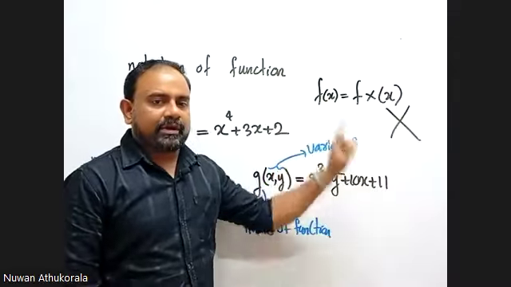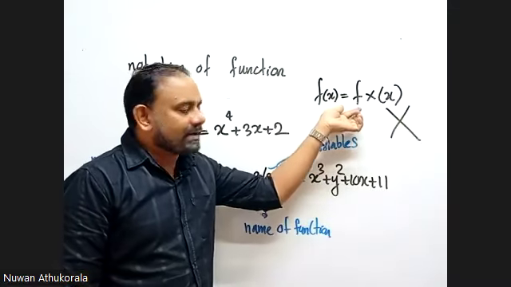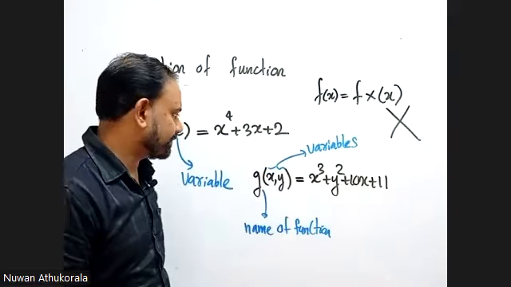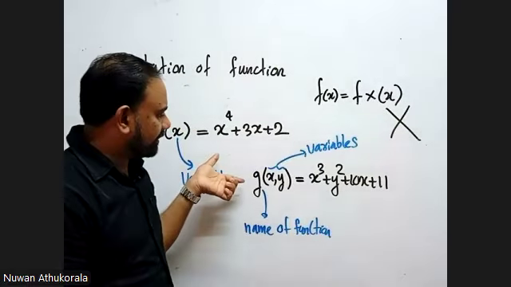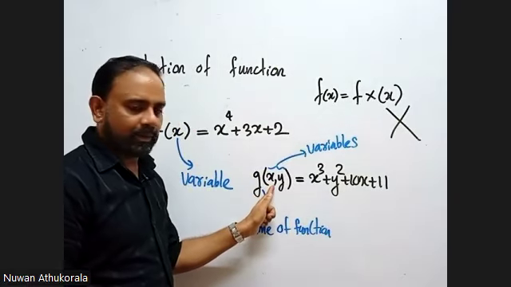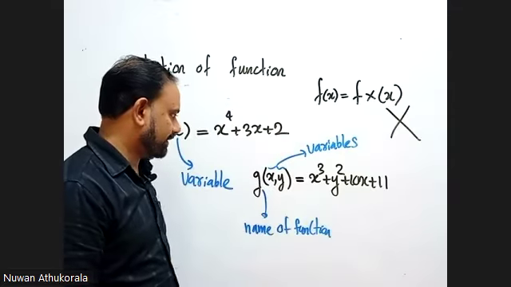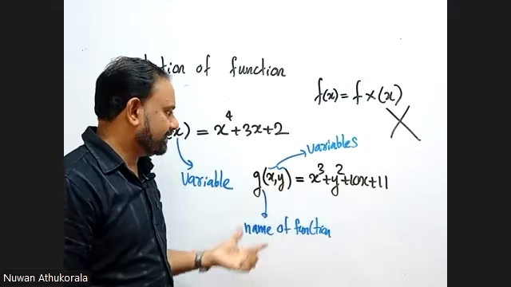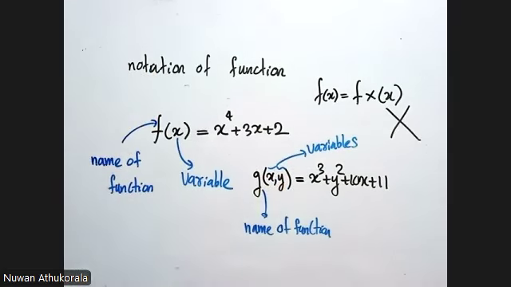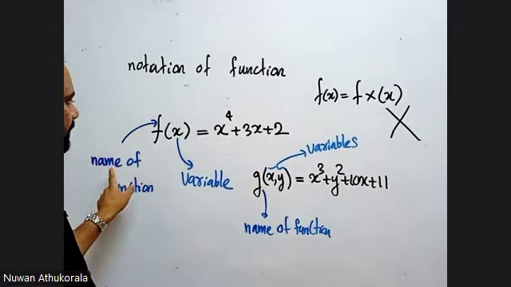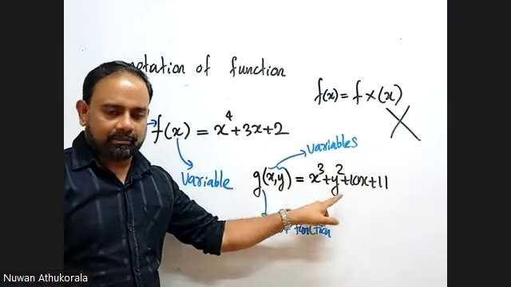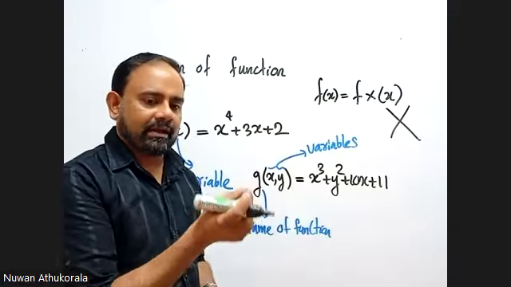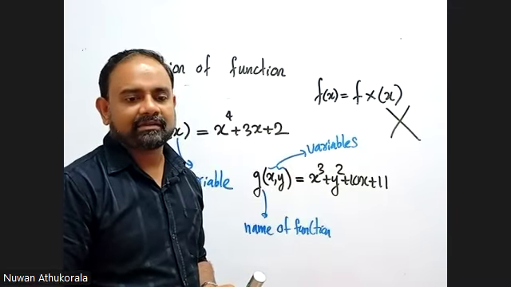It's just a symbol. Check second example: g open bracket x and y is not equal to g multiplied by x and y, right? It's just a symbol. Here f be the name of first function, g be the name of second function. We can choose any character to write as a name of function.